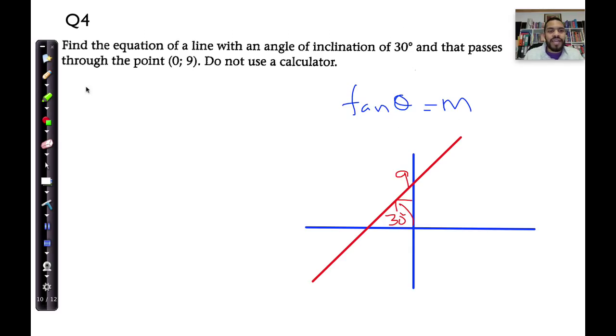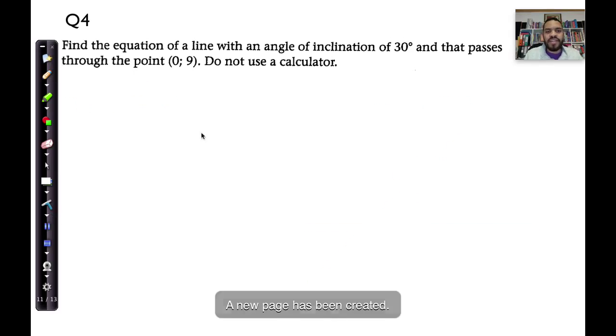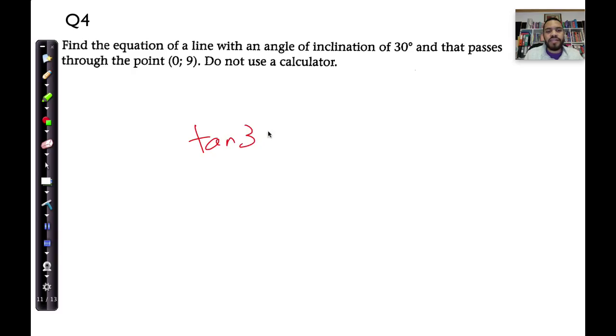Now, tan 30 is equal to a special angle value, which is root 3 over 3, or 1 over root 3. And you can show that. Do you know how to show that? Let's quickly do an aside, because tan 30 is equal to sine 30 over cos 30.